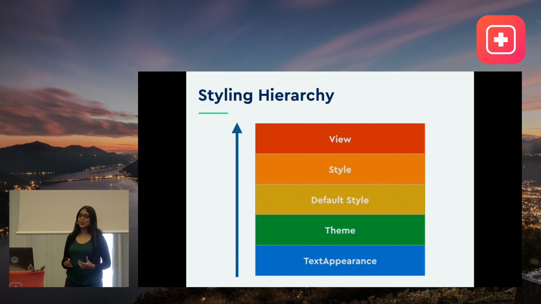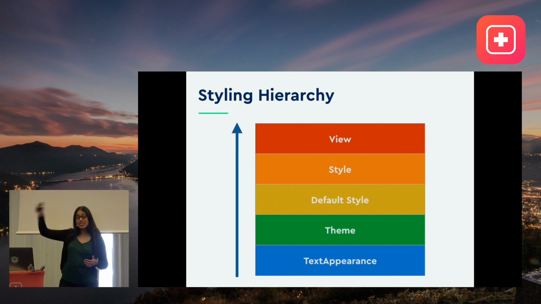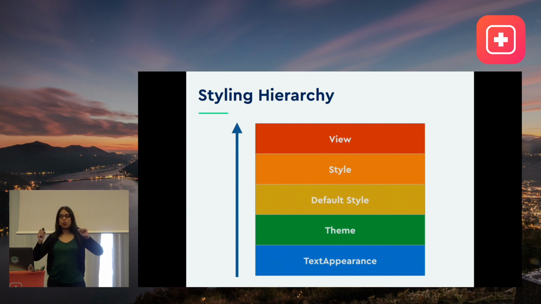And it can be really frustrating to work with styles if you're not aware of the styling hierarchy and that all styles are not created equal. This can be even more frustrating if, let's say, you set something in the text appearance or the theme overlay and something in the default style is overriding it, because the default style is usually set by the Theme.AppCompat or Material Components, whatever your base app theme is.